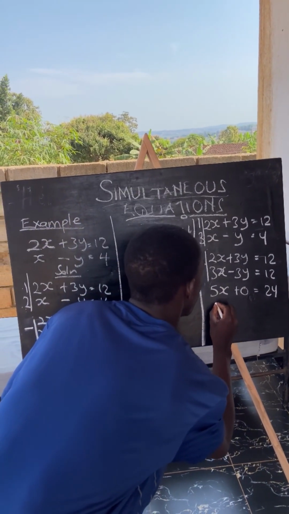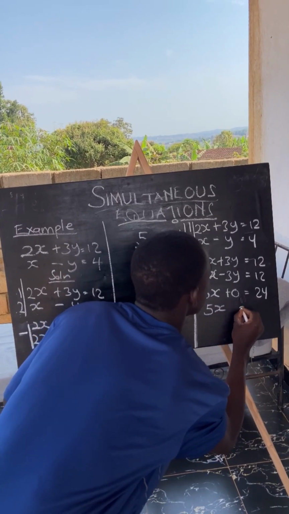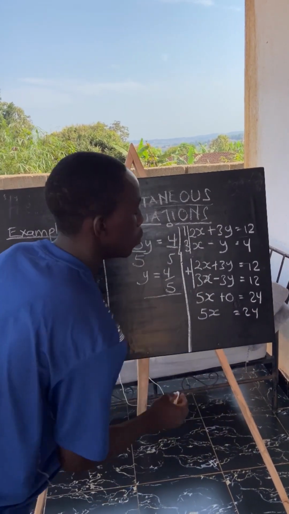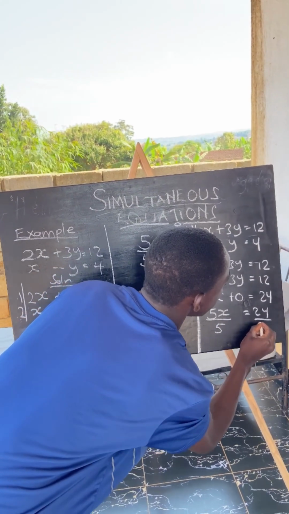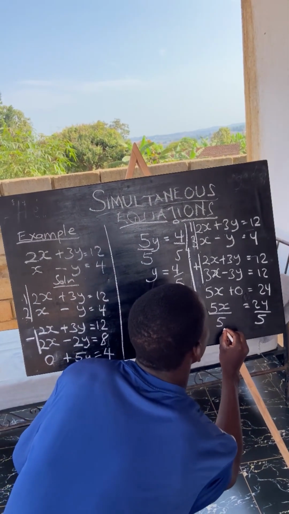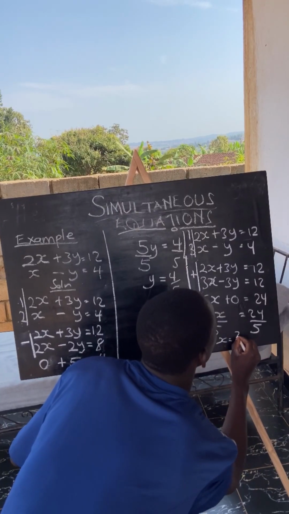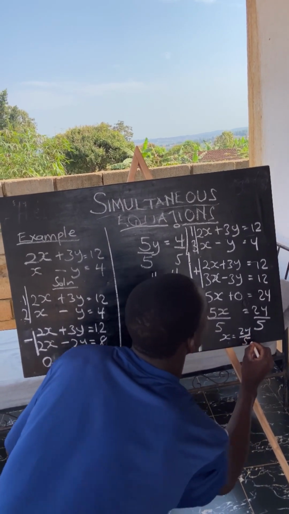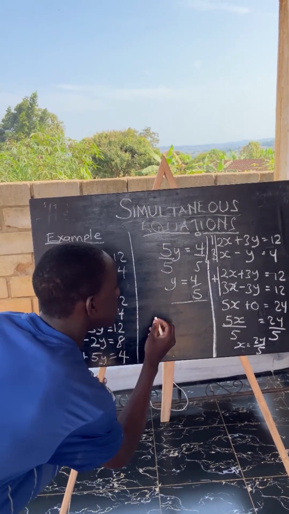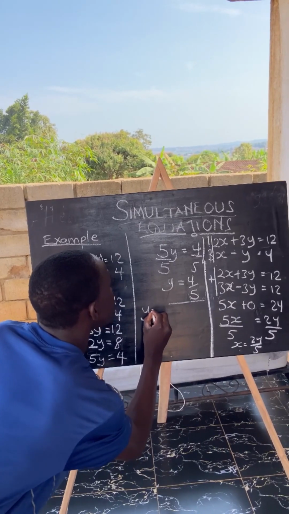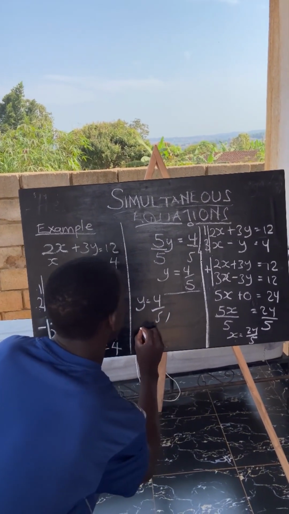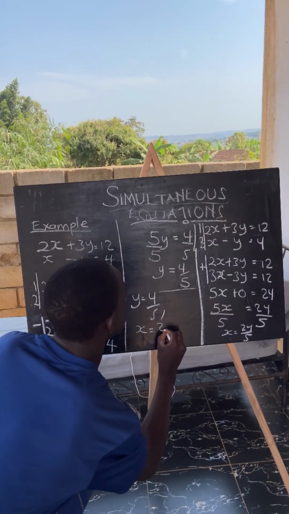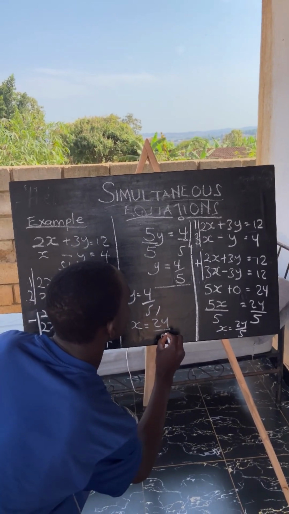So we have 5x equaling to 24. We divide both sides by 5 in order to obtain x, which will be x equaling to 24 out of 5. So we bring it up here to say our y equaling to 4 out of 5 and x equaling to 24 out of 5.